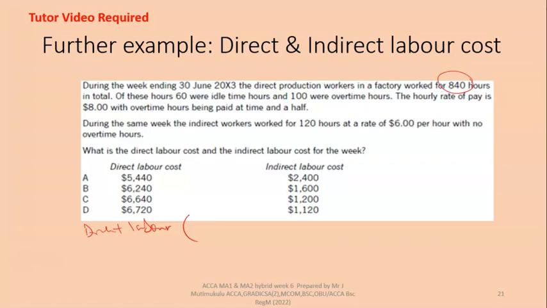So we need that figure, 840 hours. Of these hours, 60 were idle. And the rate per hour was how much? These guys were being paid $8 per hour. So by the end of the day, the direct labor cost was $6,240.